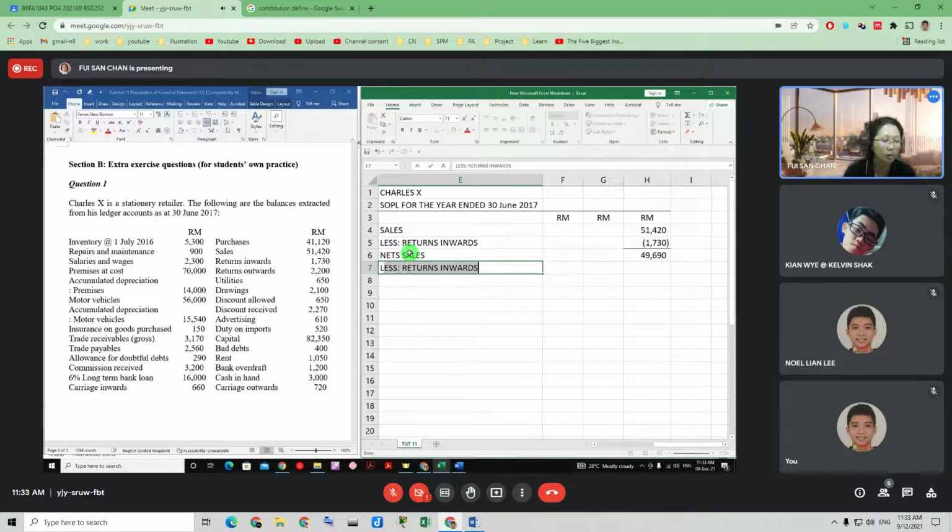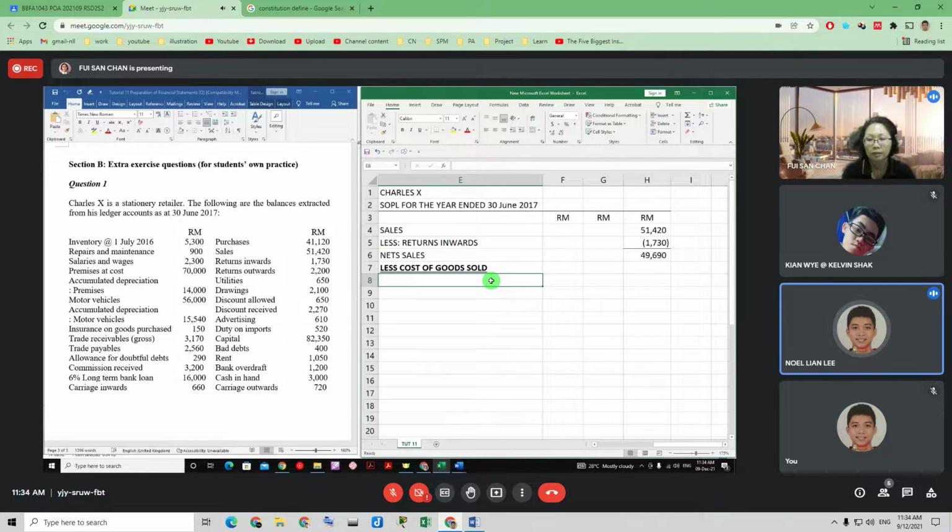Then we go to less cost of goods sold. Now, what is your first item under cost of goods sold? First item, yes, opening stock. Now, depends. Some questions might not have opening stock.